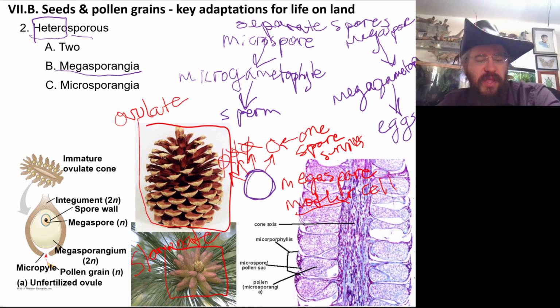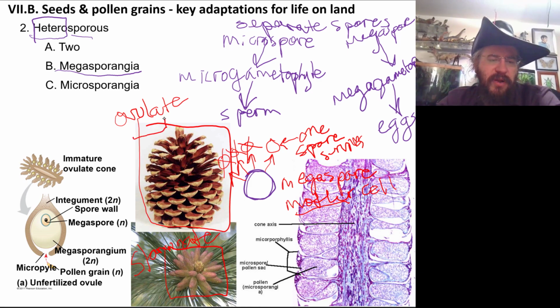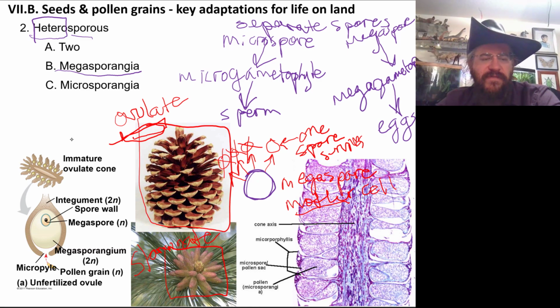All right, hopefully. Anyway, ovule is the one to remember. Ovule, egg. The ovule makes the egg, so the ovulate cone is the one that has the eggs that will then be fertilized to get us an embryo that's protected by a seed. Whereas the staminate cone is not the ovulate cone, so it cranks out the sperm, the pollen.